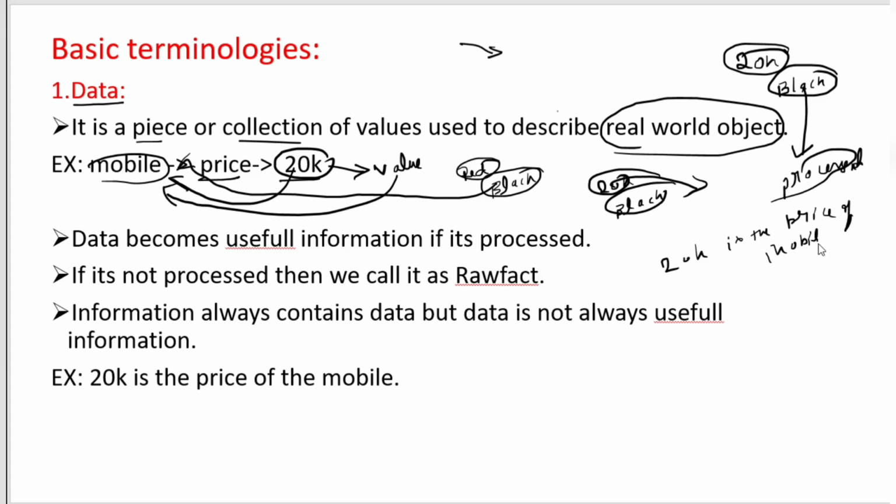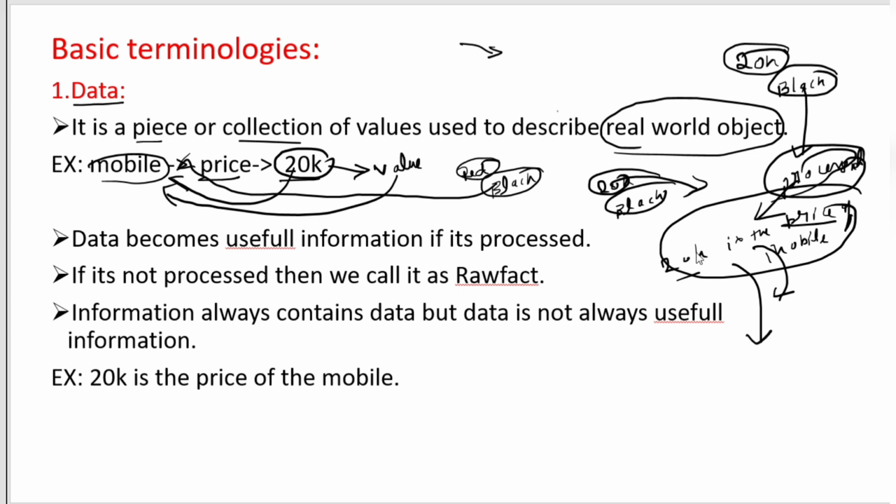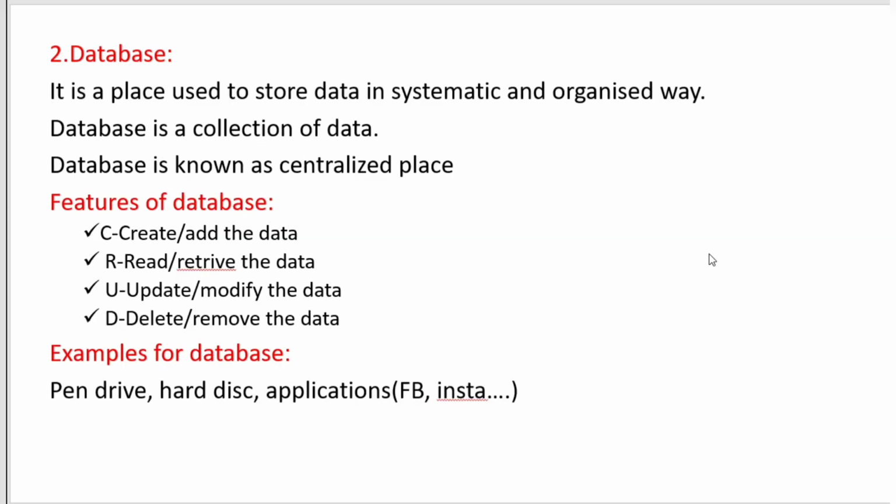Now this is conveying something to the user. What is it conveying? 20k is the price of mobile. So if we process the raw fact, it becomes useful information. Anything that conveys something to the user, we call information or useful information.